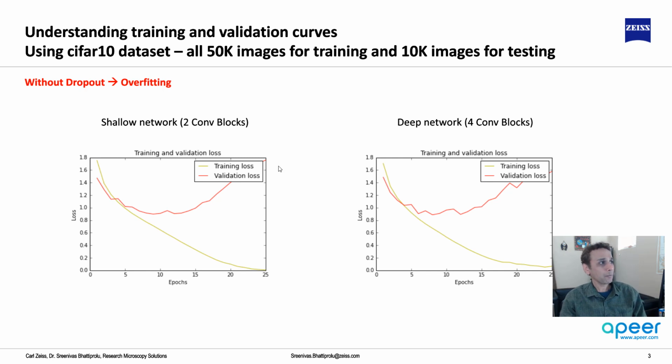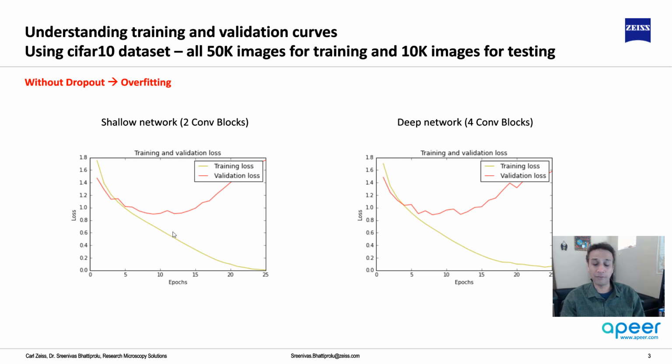Here we are using the CIFAR-10 dataset, where we have, I believe, a total of 60,000 data points: 50,000 for training and 10,000 for testing. We talked about dropout in one of our previous tutorials, and we use dropout to make sure we are not overfitting. And here is a great example of overfitting.